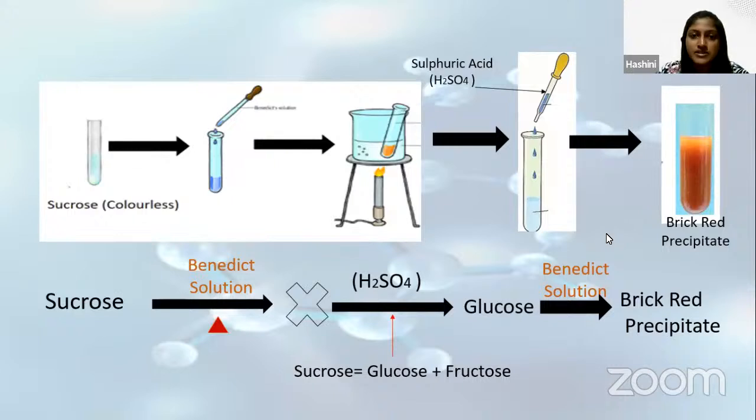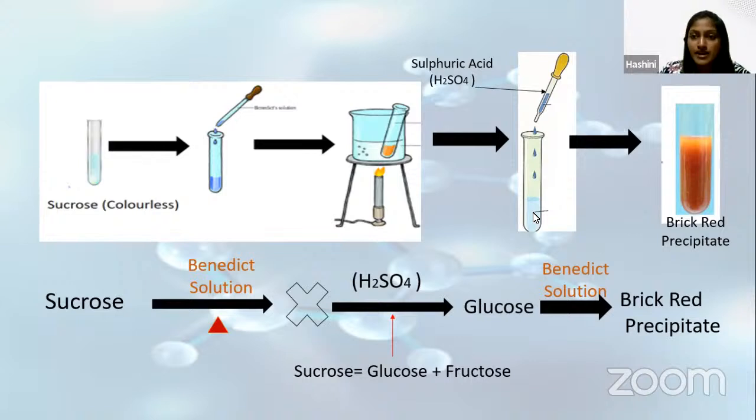So ultimately we can get the brick red precipitate in order to identify this sucrose, right? So first, even though we add Benedict solution in the first case, we are unable to get any color change because sucrose consists of glucose and fructose. So when there is fructose, it will not give color change for this Benedict solution. So what we are doing, we add sulfuric acid or HCl into this sucrose solution.